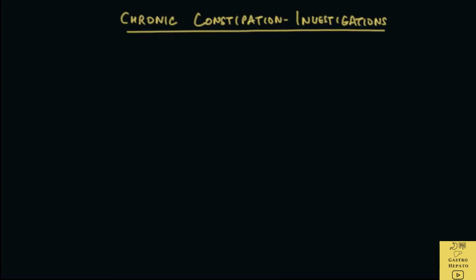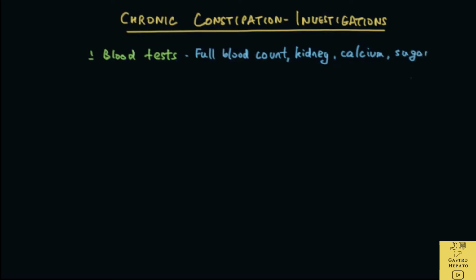What tests or investigations will the doctor do? First, the doctor will do blood tests, which would include full blood count, kidney test, blood calcium levels, blood sugar levels, and thyroid study.